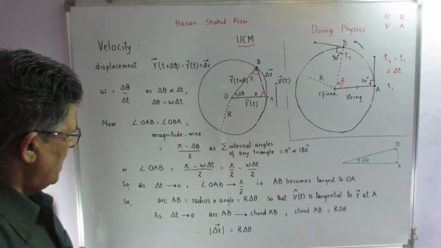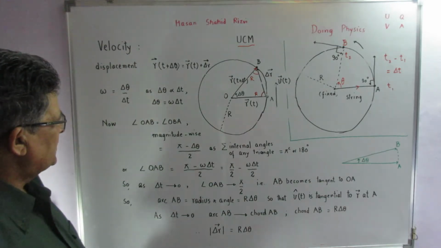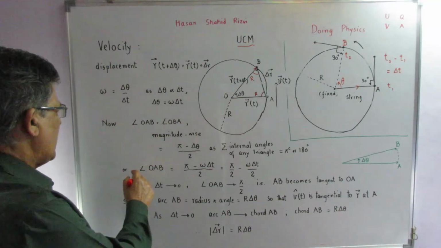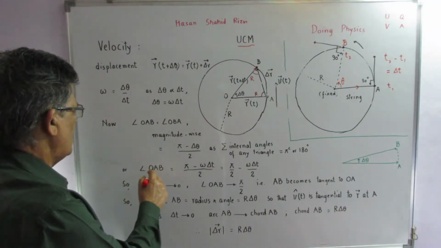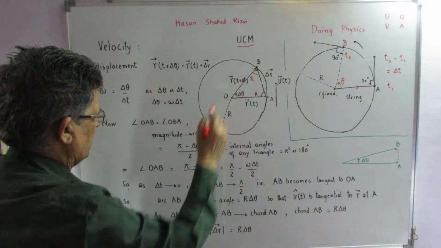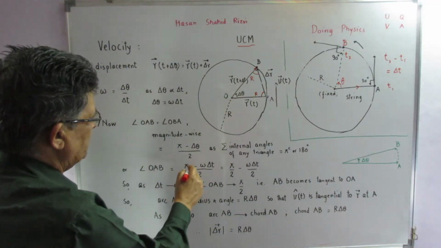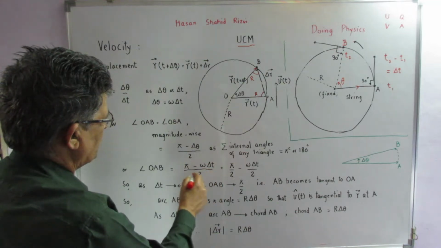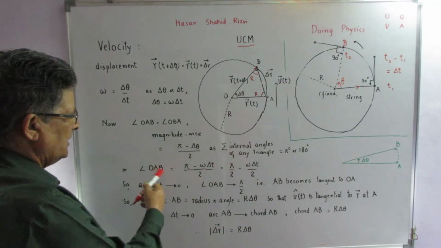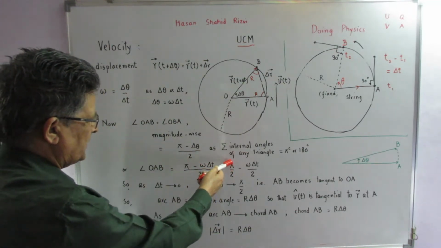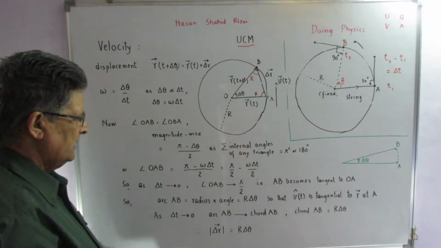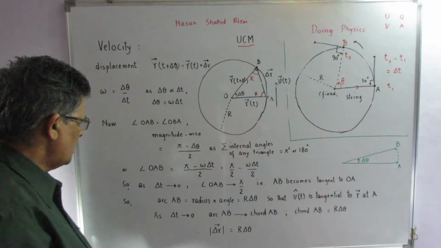Okay, so substituting the value from here, angle OAB or angle OBA becomes equal to pi minus omega delta t divided by 2. Or separating the terms, it is pi by 2 minus omega delta t divided by 2.